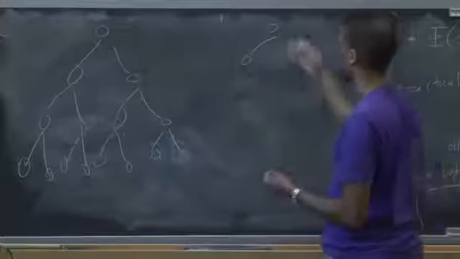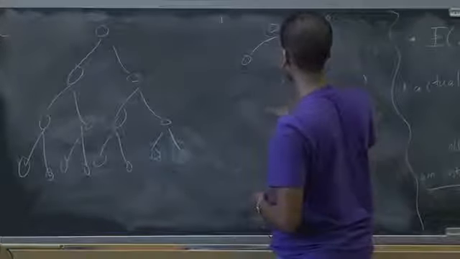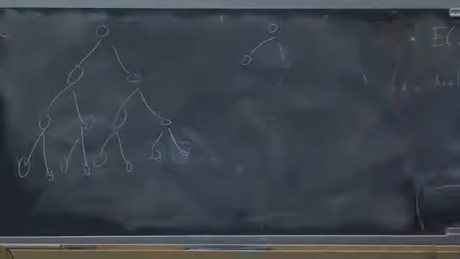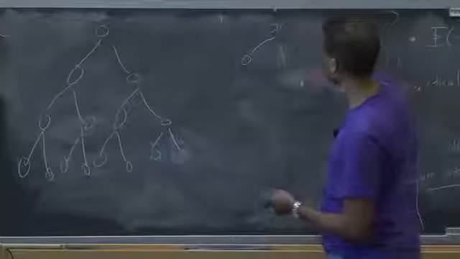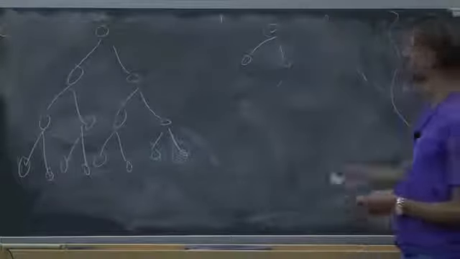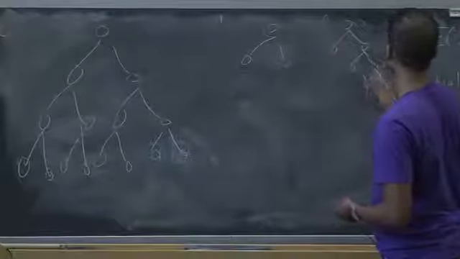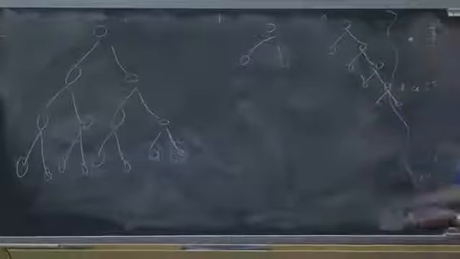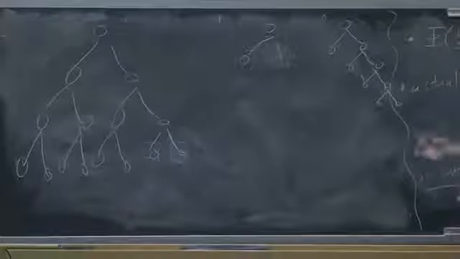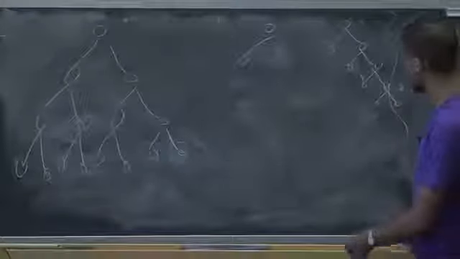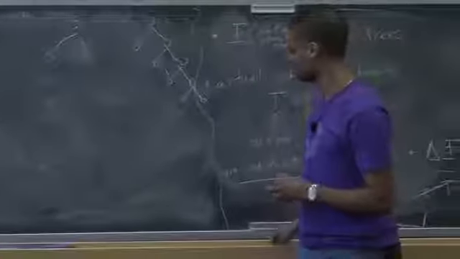And then everybody else you don't really care about. They can be wherever you want. You can make funny shapes. You can make it a perfect path, or you can make it look like this. So it's really imbalanced, just going down like that. There are sets of frequencies where this is the optimal tree to build.